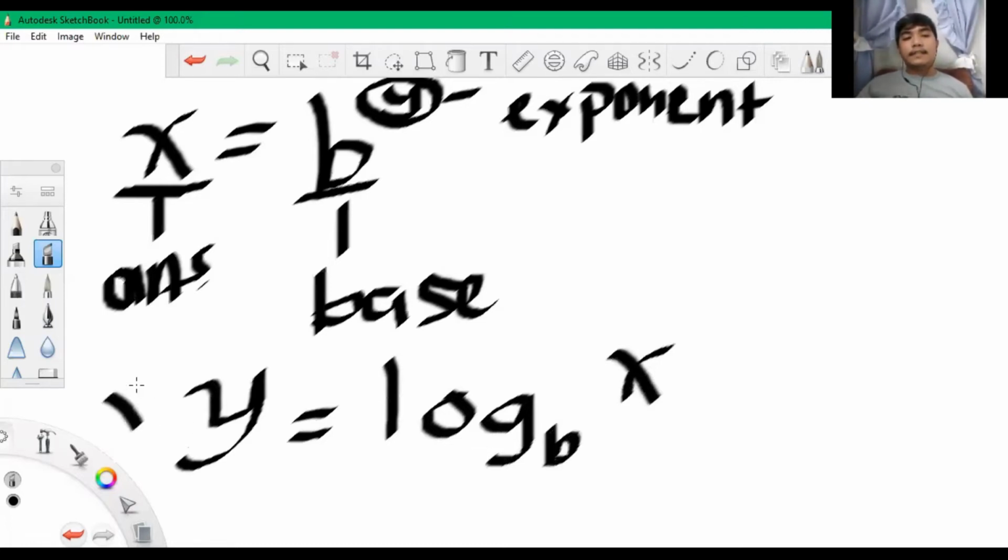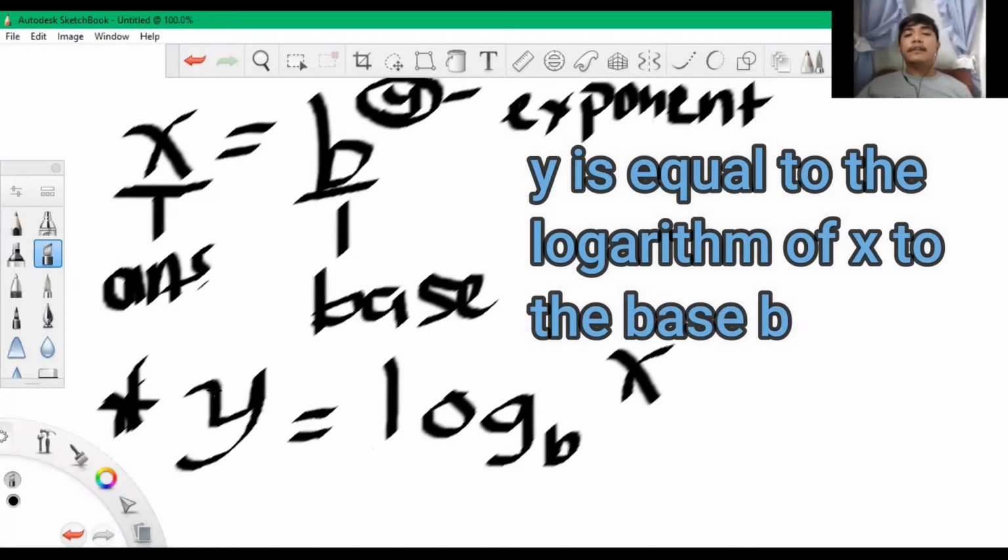So this form is the logarithmic form wherein we have y is equal to the logarithm of x to the base b. Ganito po natin siya binabasa. Again, this is read as y is equal to the logarithm of x to the base b.